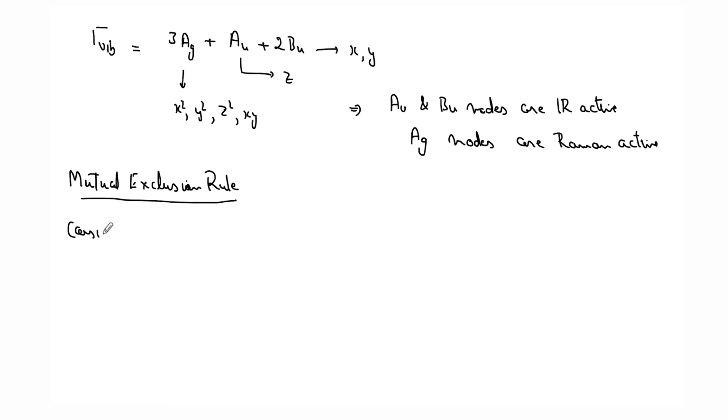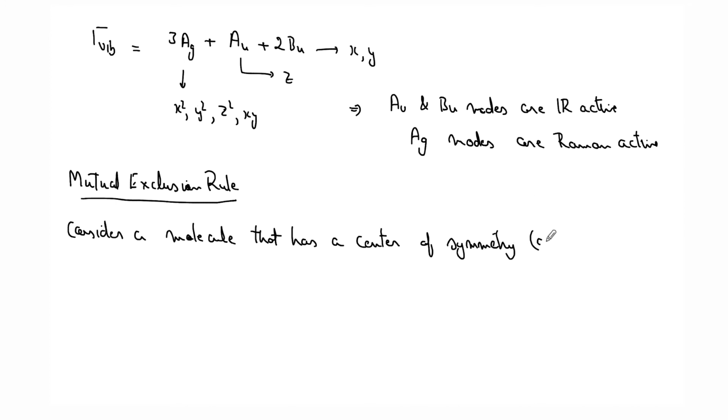So I'll say consider a molecule that has a center of symmetry. If you notice, the molecule which we discussed, N2F2, has a center of symmetry i, or we can say an inversion center.